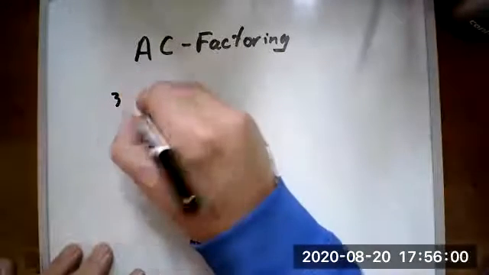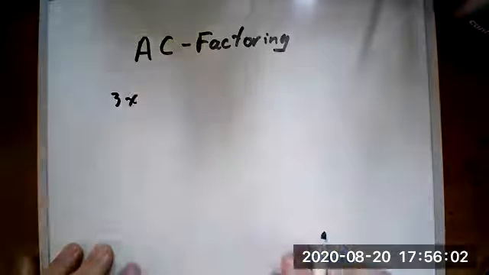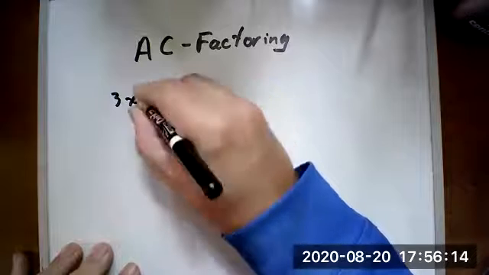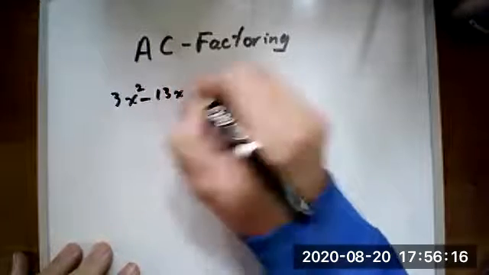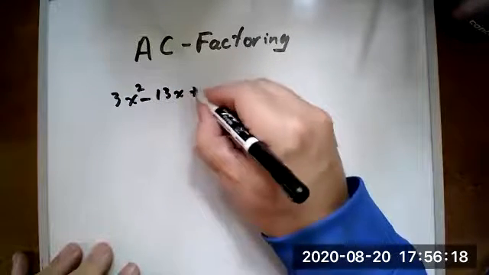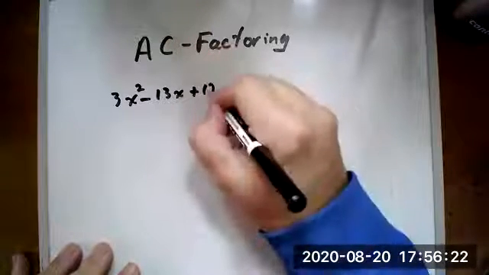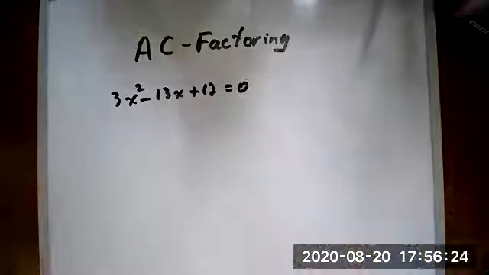Let's go with 3x squared minus 13x plus 12 equals 0.